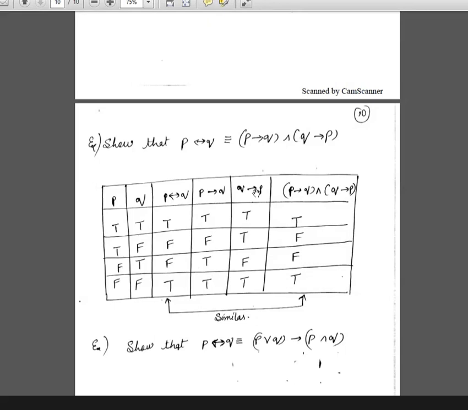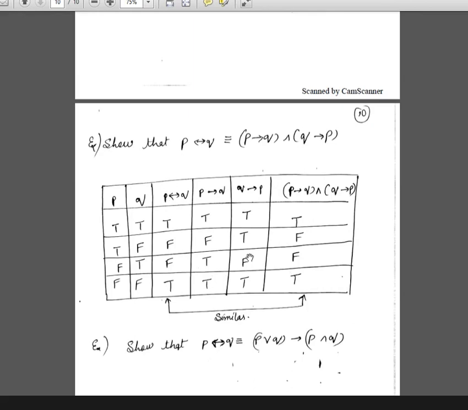Then you can take the conjunction of these, you can take AND. So true, true, true. If anyone is false, then it is false. True, false, false. True, true, true. Now you can check whether this column is equal to the third column. That means RHS is equal to LHS.